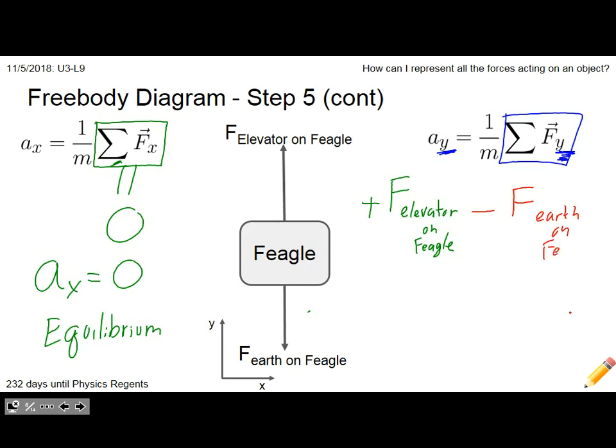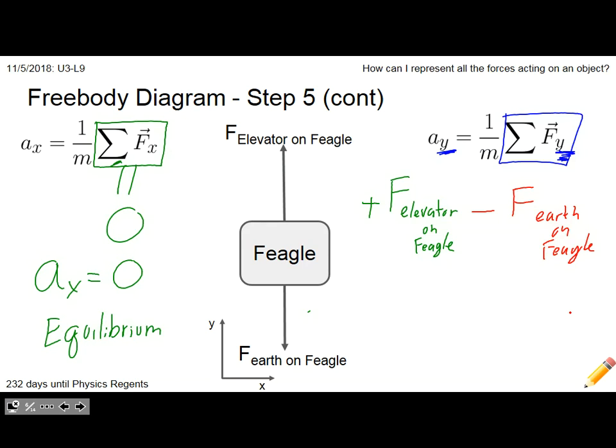on Fiegel. Now, depending on what you might know about the question, maybe at this point you know the numbers. Maybe you know this number is 500 newtons, and you know this number is 300 newtons, and then you could just figure out the number. We're going to analyze it to see, well, we can figure out this number because we know the mass of Fiegel.